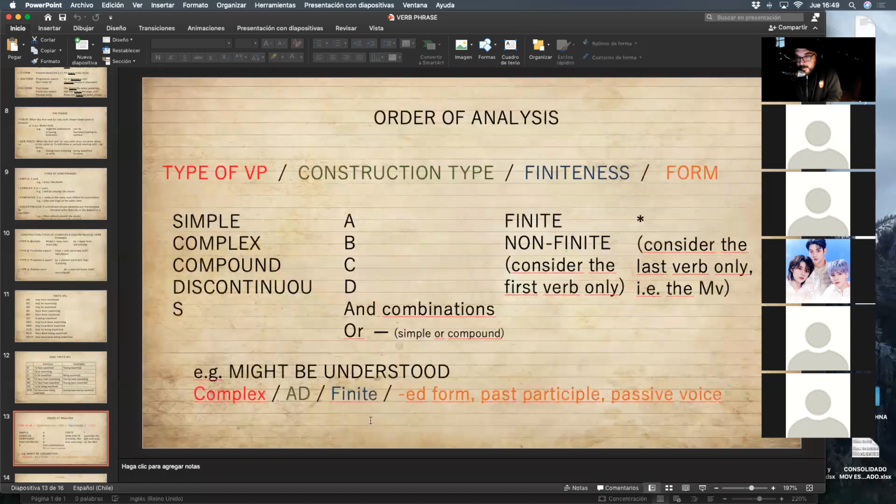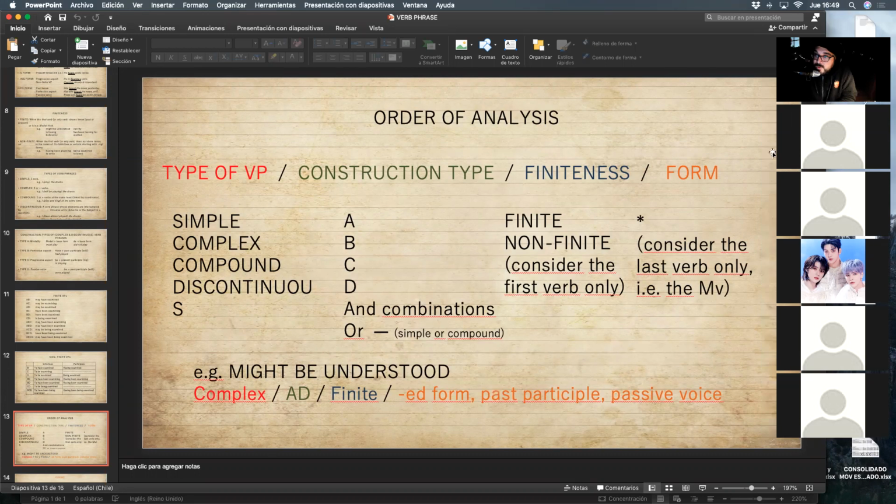Let's see the way in which we must analyze a verb phrase. And this is what you need to add to your syntactic analysis. Order of analysis. The very first stuff you're going to need is knowing the type of verb phrase, whether it's simple, complex, compound, or discontinuous.